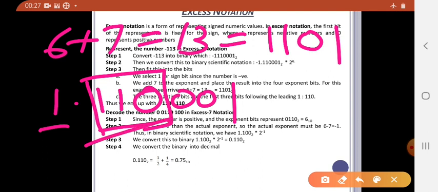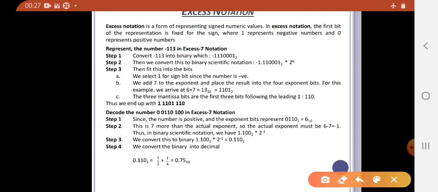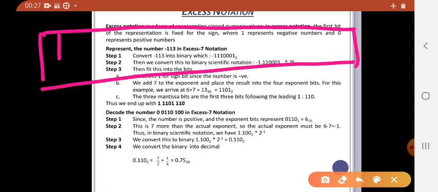So this will be taken as the mantissa bits. Now, thus we end up with a result in this manner. The first bit is the sign bit, then the exponent, because after the sign bit we have to fill in the exponent.